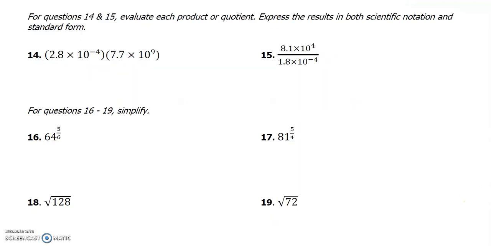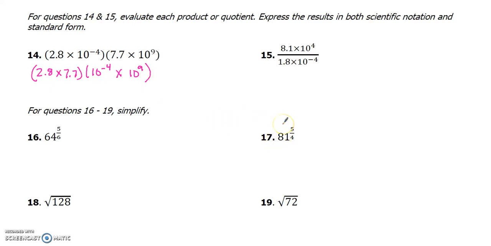All right, number 14 is asking us to evaluate each product or quotient. And this is a product, of course, and then express the results in both scientific notation and standard form. All right, so again, I'm going to rearrange, putting my numbers together. So 2.8 times 7.7, and then I will have my bases of 10.